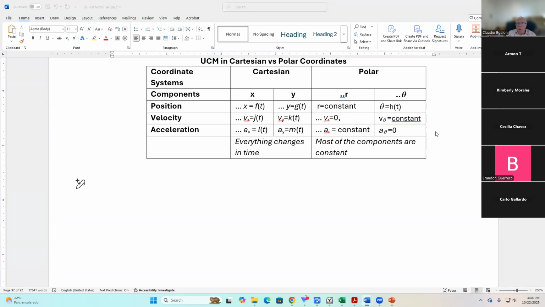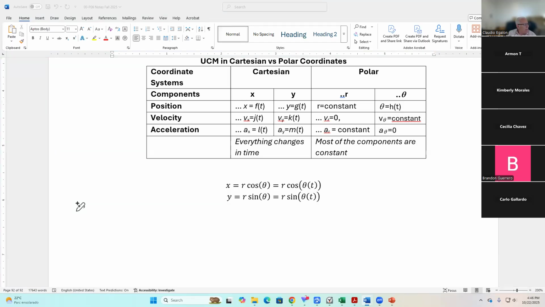I am going to write my X and Y coordinates in terms of time. The theta is a function of time. Cosine and sine, right? And what else do we know?